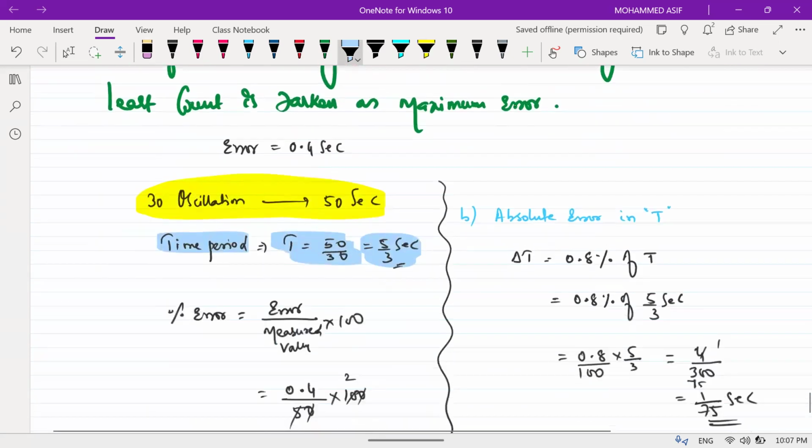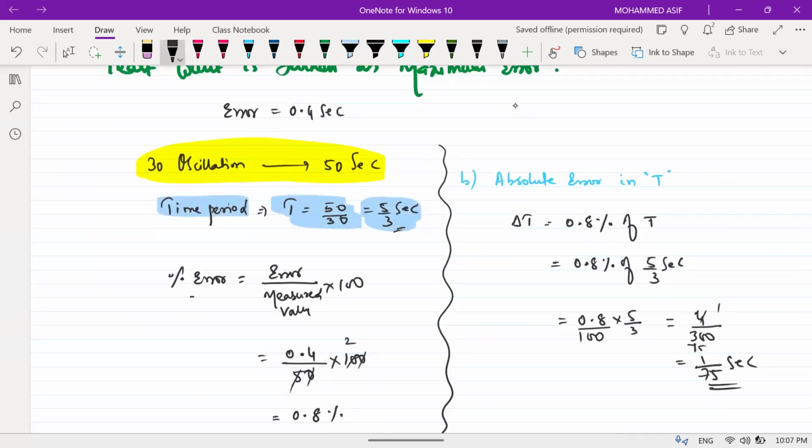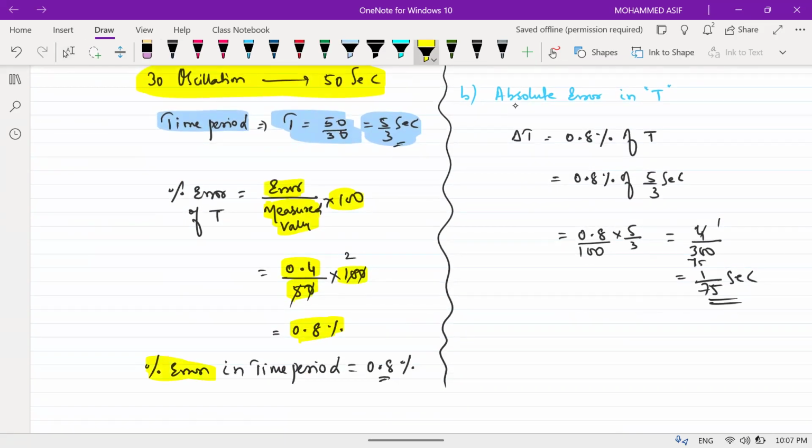Percentage error of T is error divided by measured value into 100. Error is 0.4, the least count. Measured value is 50, into 100, gives 0.8%. That means percentage error in time period is 0.8%.